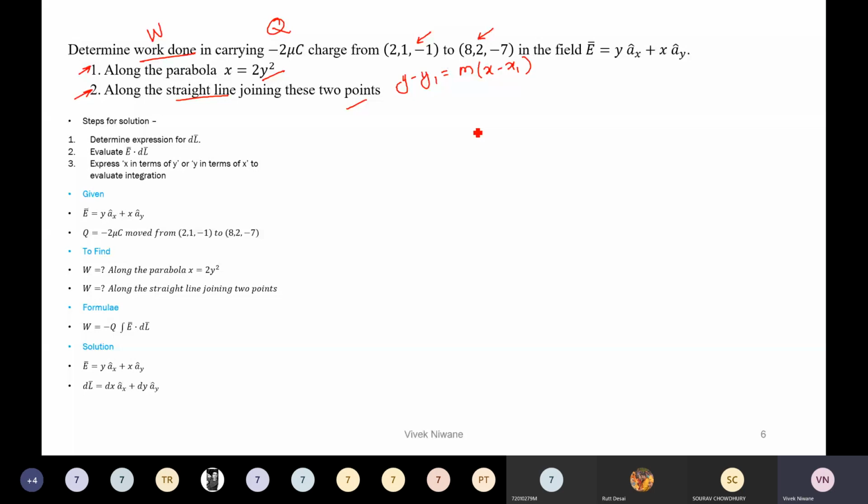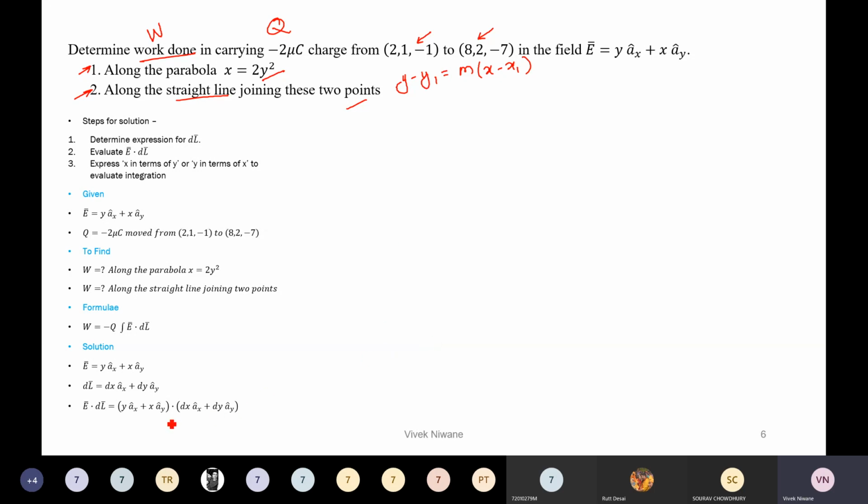If there was an az component, then in the expression of dl bar we would have added plus dz az cap. But the E bar expression has only ax and ay, therefore dl has only ax and ay components. So now we can do the dot product between E bar and dl bar: y ax cap plus x ay cap dot dx ax cap plus dy ay cap.